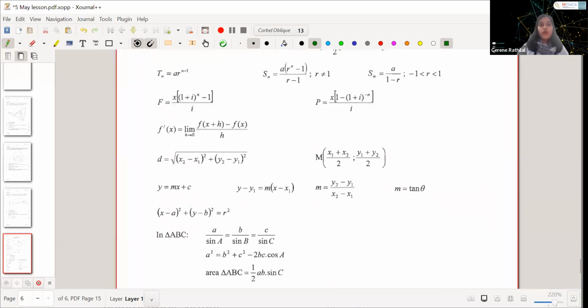Right, this is what the formula sheet looks like. And what I want to draw your attention to now are the formulas that will be applicable to us under the section of analytic geometry, which is what we are covering today. So of course, we need to understand how to describe the graph of a straight line. So how do we describe it algebraically?